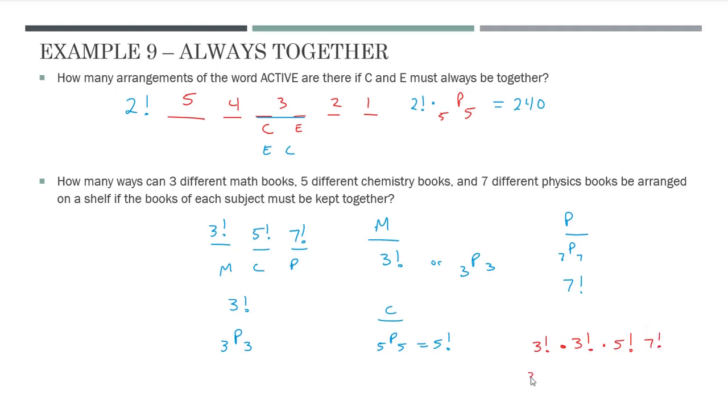Now another way of writing that is 3 factorial times our permutation form, so 3 pick 3, times 5 pick 5 times 7 pick 7. And all of that we can put into a calculator all at once, and you get a huge number. So it looks like 21,772,800 different ways.